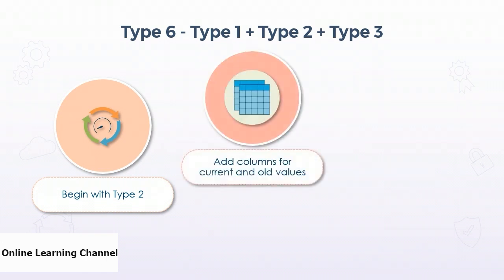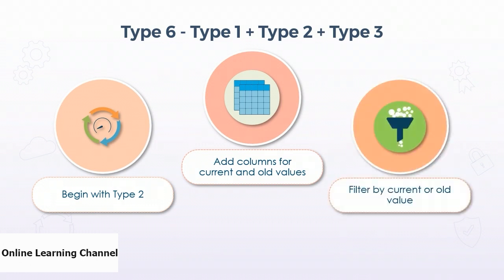But it also includes type 3, where an attribute is added that stores the previous or old value. And finally, type 1 is used as the current value field of all the old records is set to the current value. This strategy is not used often, but it does allow for easy filtering and grouping either by most recent attribute value or by historical values.